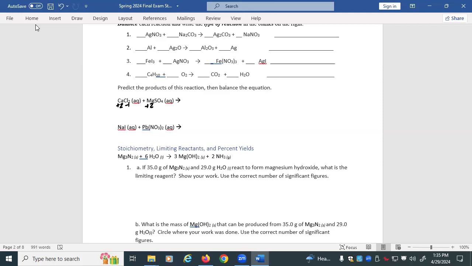Can't use the periodic table to figure it out, but I can use the fact that the magnesium is +2, and the magnesium and the sulfate are in a 1-to-1 ratio with each other. That tells me that if the magnesium is +2, sulfate must be -2, because otherwise we wouldn't have this 1-to-1 formula.